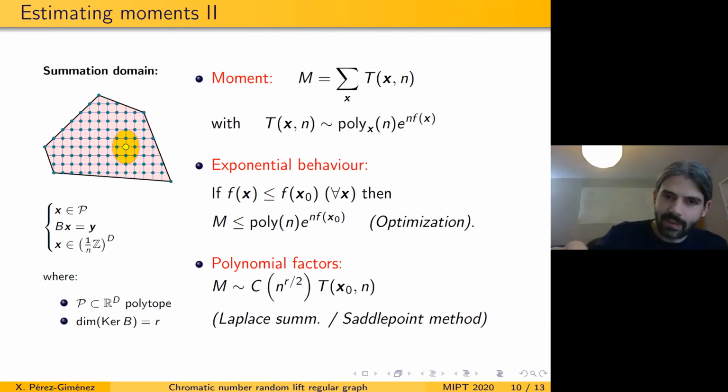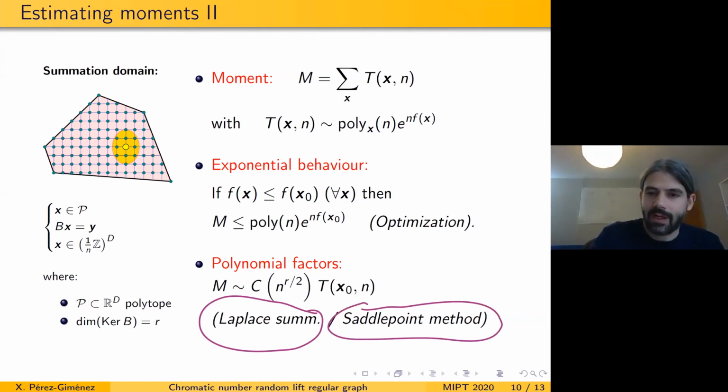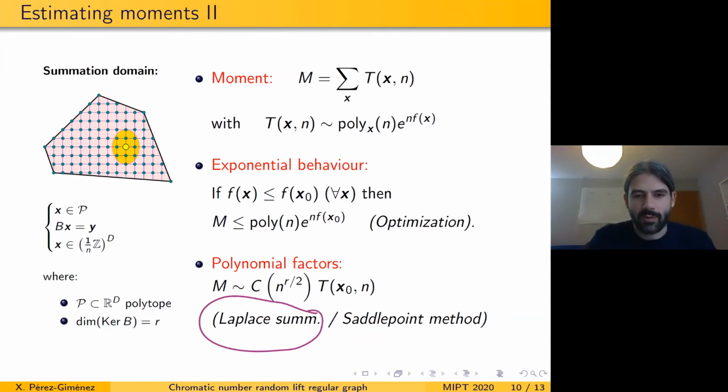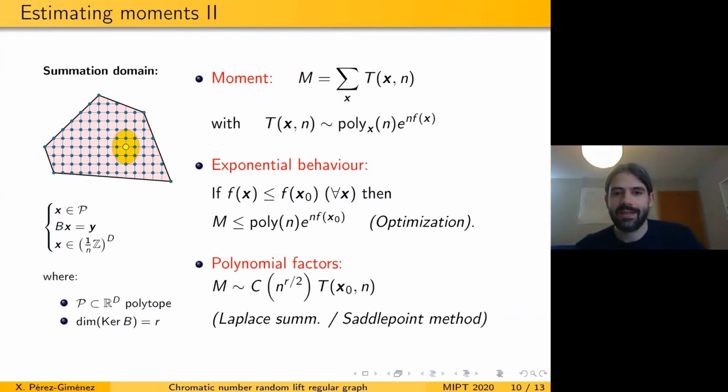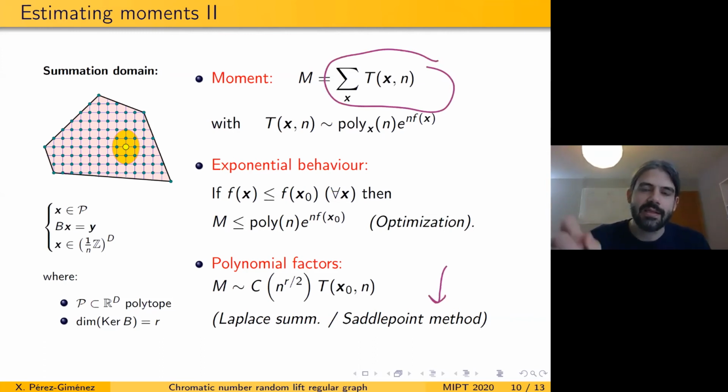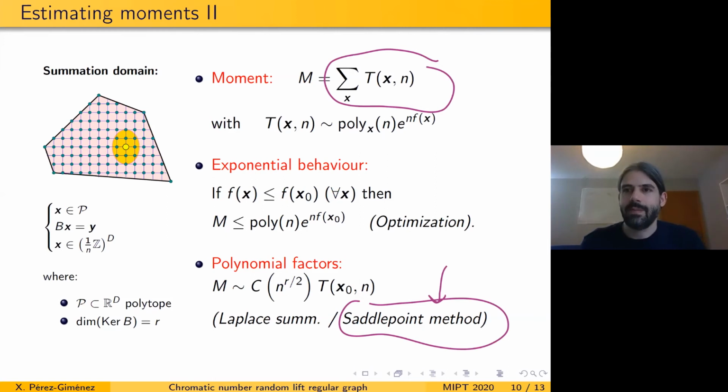I've done similar calculations in other papers using either some Laplace summation tricks or some complex saddle-point integration tricks. And in this paper, we use both, because we had to do something like that 3 times. In some cases, it seemed to be easier to use one method or the other. For this one, you have to basically express this as some generating function and then use saddle point techniques to estimate the asymptotics of the coefficients.